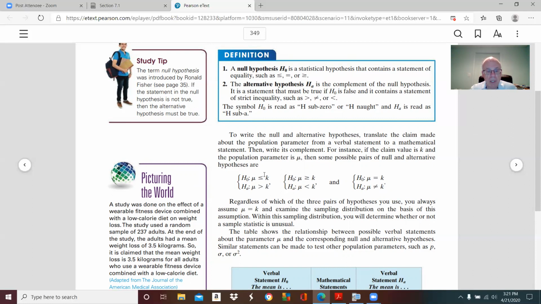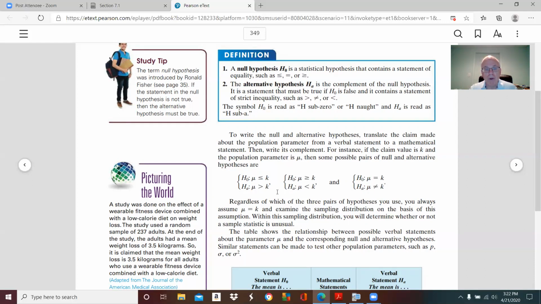Okay, so less than or equal to is the null, greater than must be the alternative. Likewise, if the null hypothesis has greater than or equal to, that's this one right here, mu or p, depending on the situation, greater than or equal to k, the complement of that must be less than. Mu is less than k. And finally, if the null hypothesis is equal to a number, then the alternative must be not equal to.